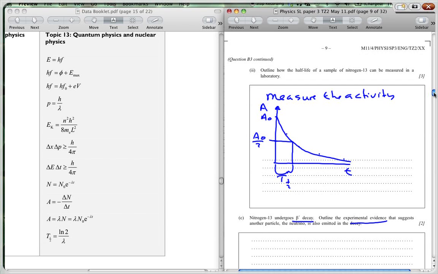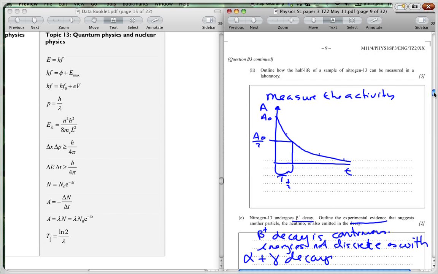Well, the beta positive decay energy spectrum is continuous. It's not discrete. The energies are not discrete, as with, say, alpha and gamma decay.